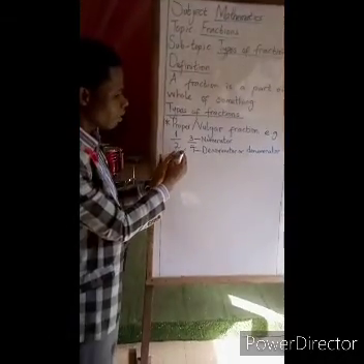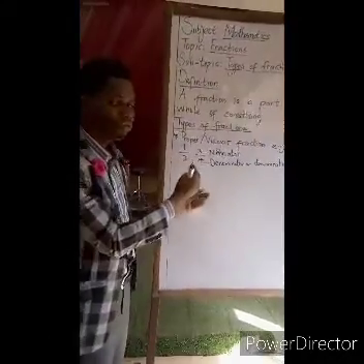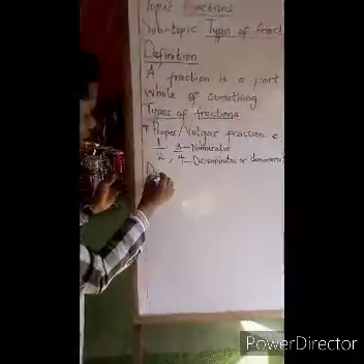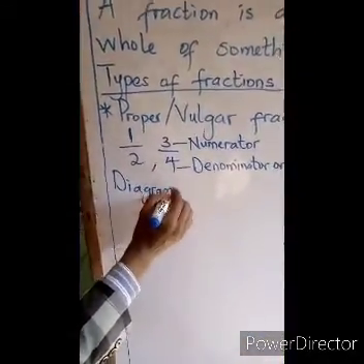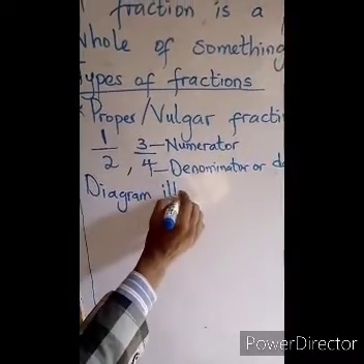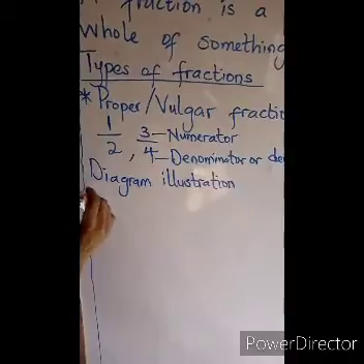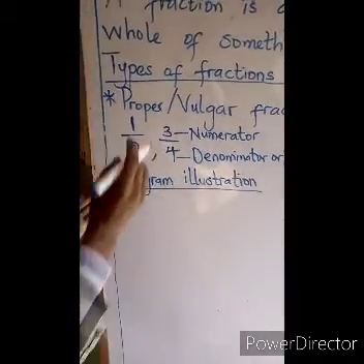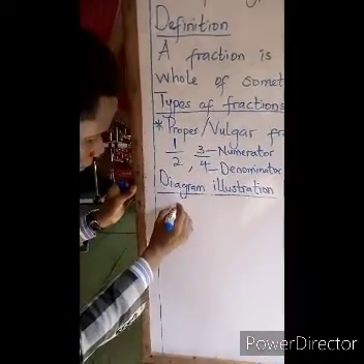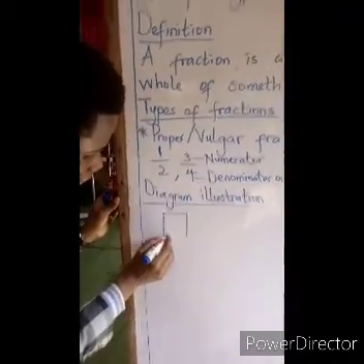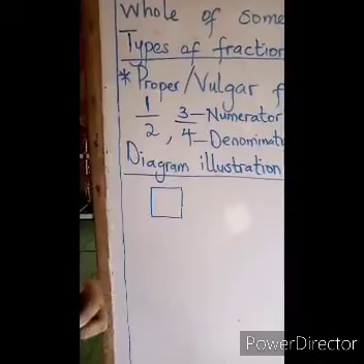Now, let me give an example of this type of fraction with the aid of diagram illustration. With the aid of a diagram, this is a shape. I know you have not forgotten so quick because of this lockdown palaver, this type of shape.